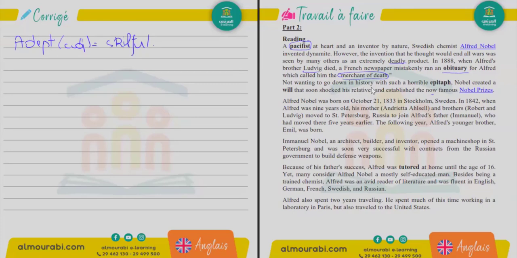So he didn't want history to remember him by this horrible epitaph, the Merchant of Death. So that's why he created a will.